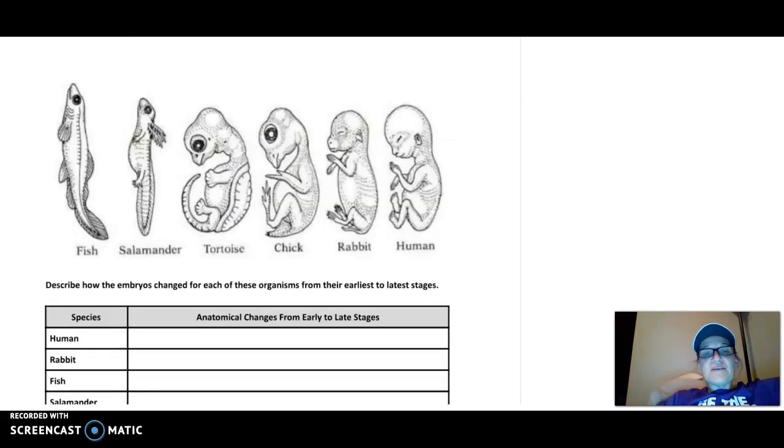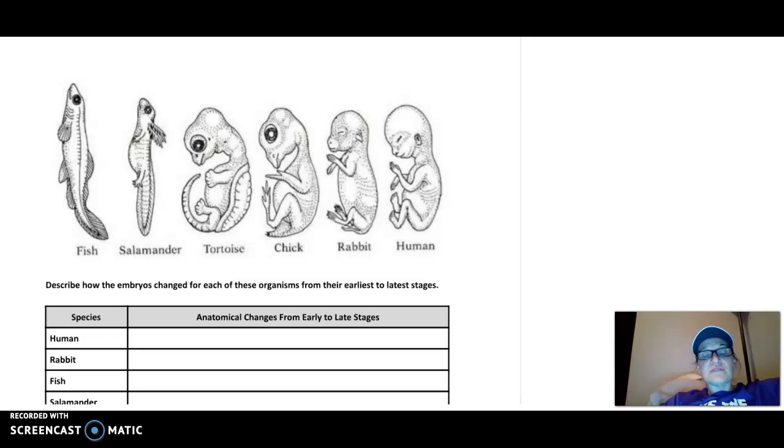All right, here are those same 6 embryos right before these organisms would start living independently on their own, getting their own energy, doing their own characteristics of life. You can see they're labeled now. We have the fish, the salamander, the tortoise, and the chicken.